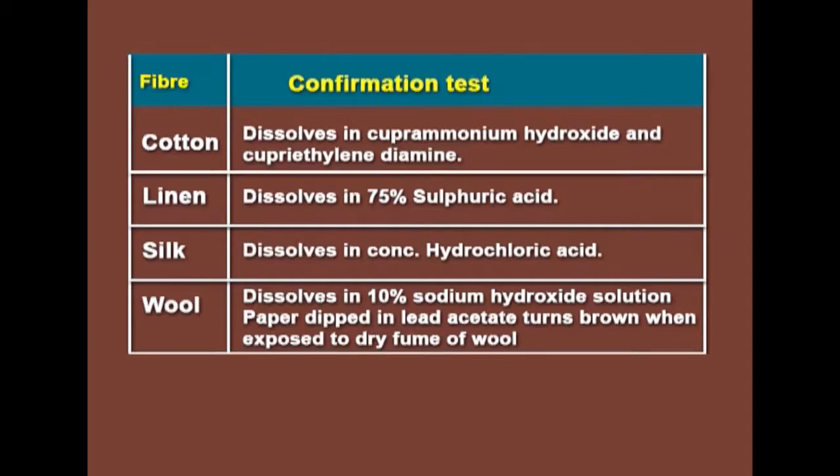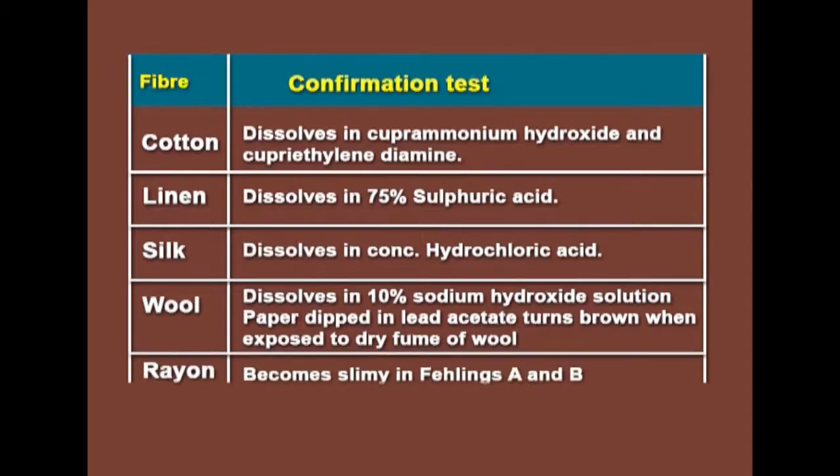acid. But when you dip a paper in lead acetate solution and expose it to dry wool fumes, then you find that the white lead acetate turns brown. This is another confirmation test for wool. And rayon becomes slimy in fillings A and B, and also it dissolves in most of these, even in 69% sulfuric acid.